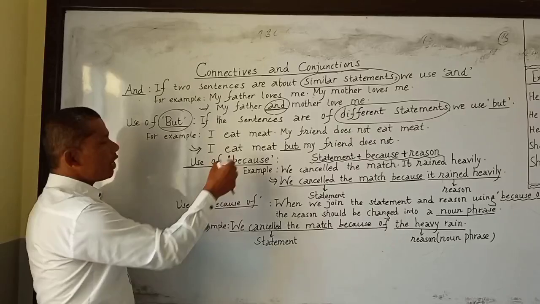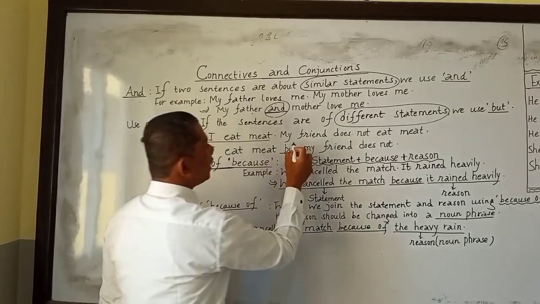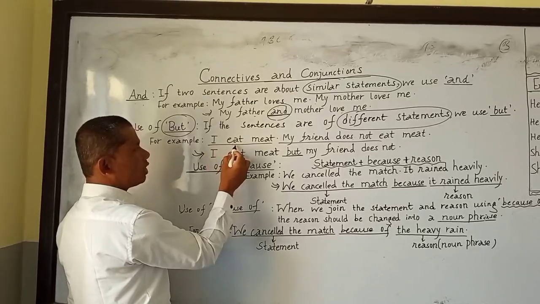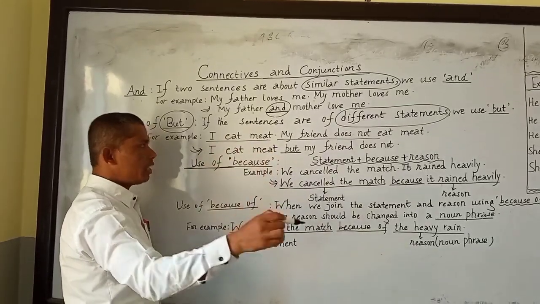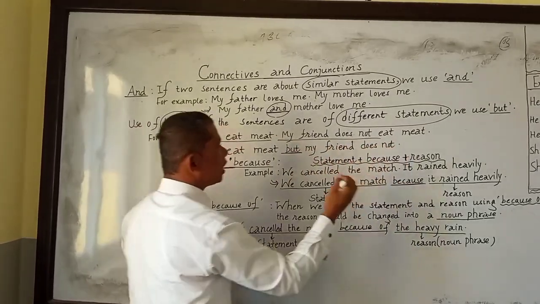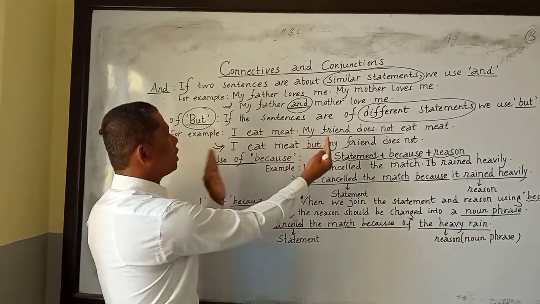If you look at these two sentences, what can we find? That there are different statements. The first statement is, I eat meat. And the second statement is, my friend does not eat meat. It is completely different. There is contrast between the two sentences.